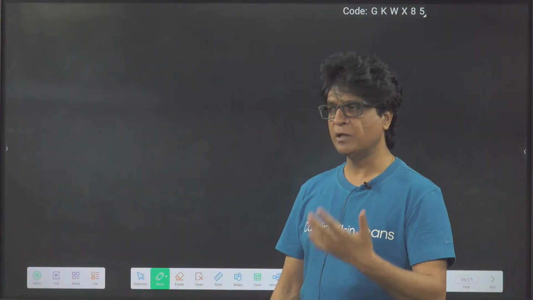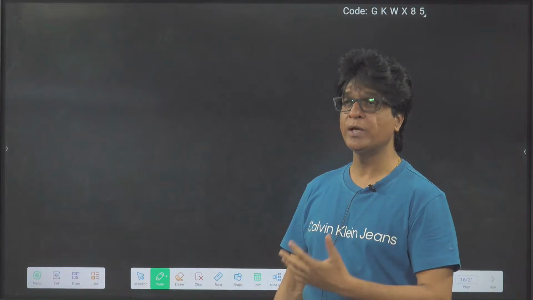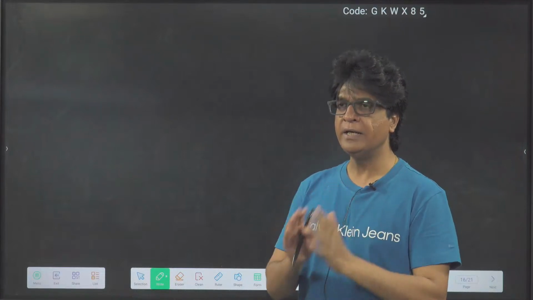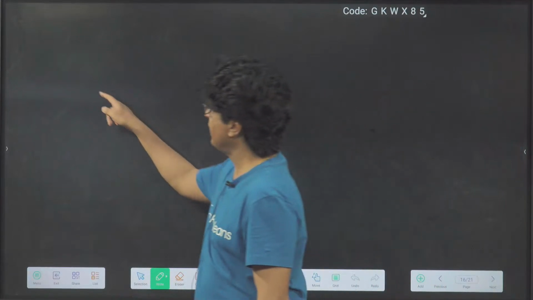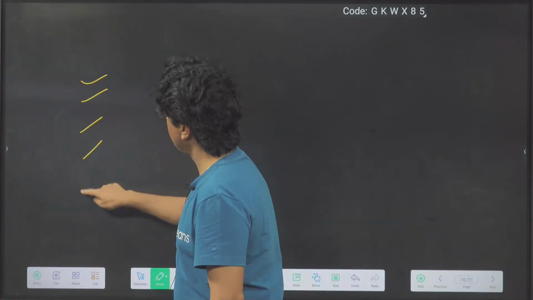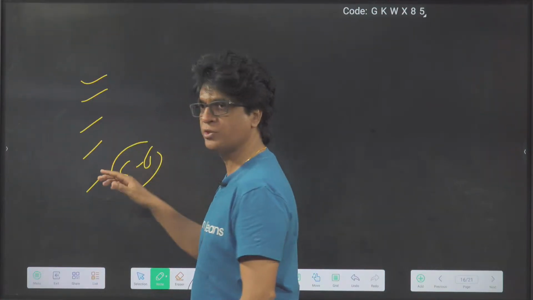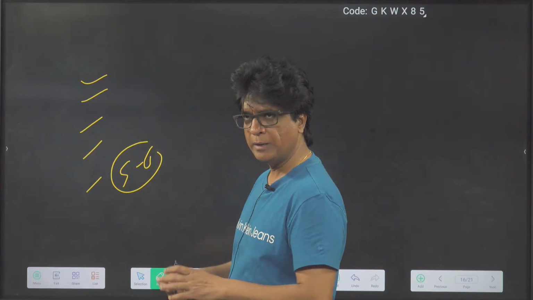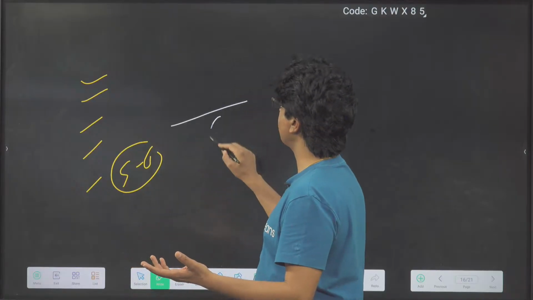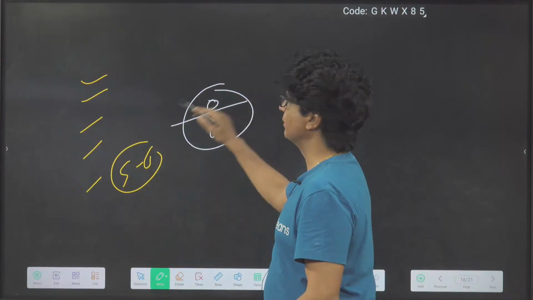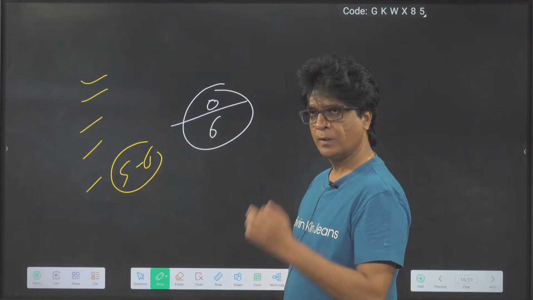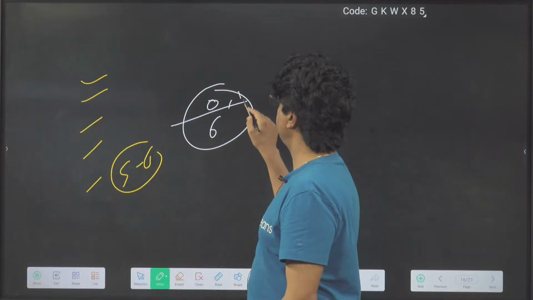I'm saying please come early and join the bandwagon. We are going to do something really serious. If I gave you a test of just these 5, 6 questions which we have discussed today, I believe most of you would score almost 0 out of 6. Maybe 1, maybe 2.